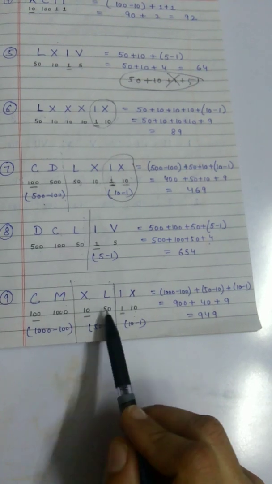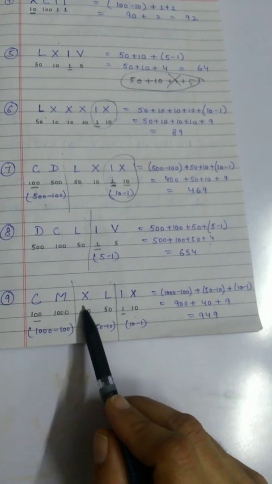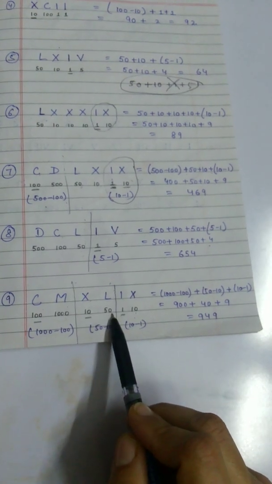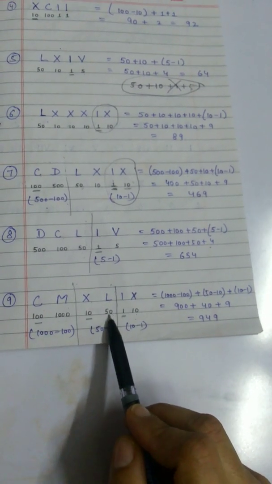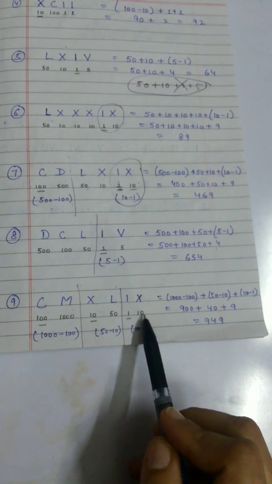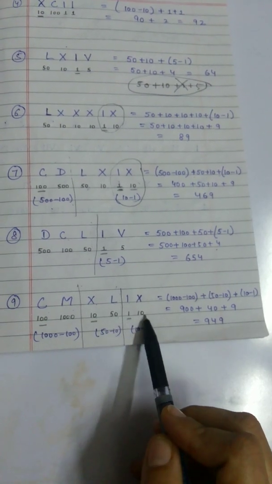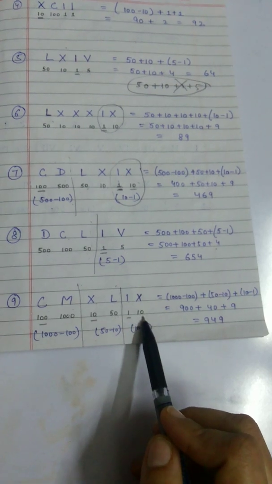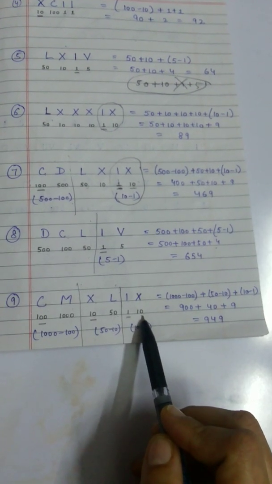And we have a smaller symbol between two higher value symbols, so it will again be subtracted from this. And if I see this 50 and 10, two higher value symbols and one smaller value symbol, so this will also be subtracted from the symbol on its right.